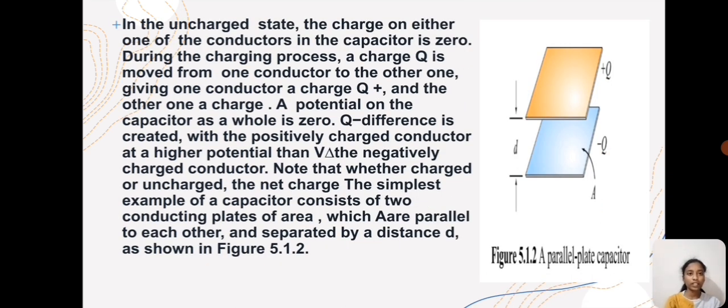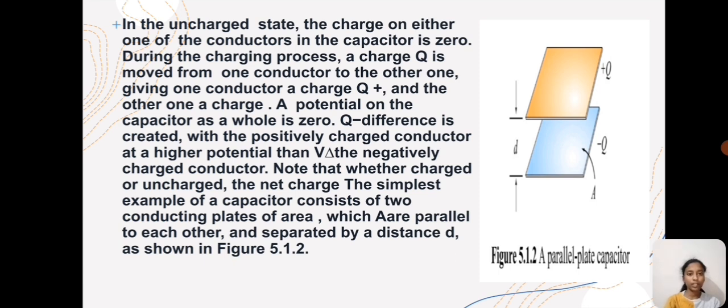In the uncharged state, the charge on either one of the conductors in the capacitor is zero. During the charging process, a charge Q is moved from one conductor to the other one, giving one conductor a charge plus Q and the other one a charge minus Q. The potential on the capacitor as a whole is zero.